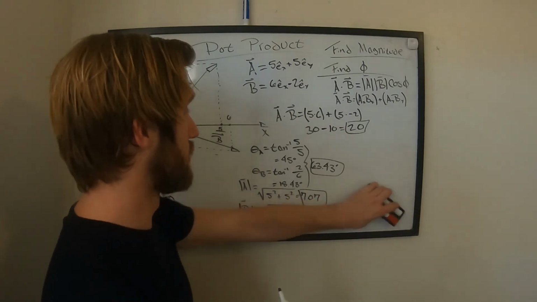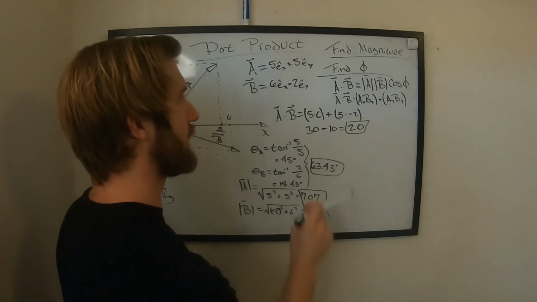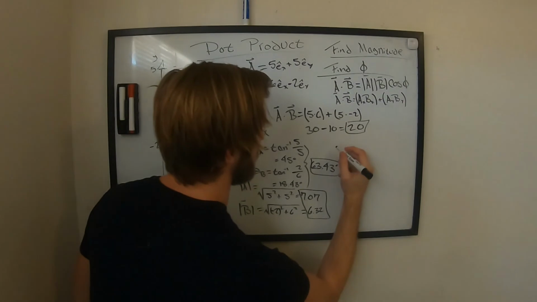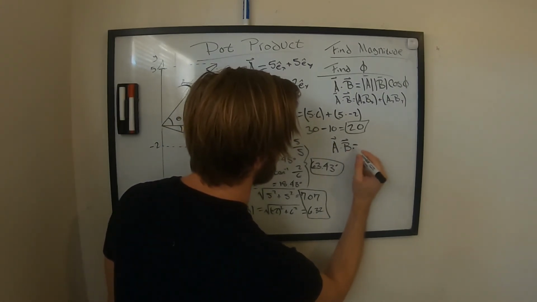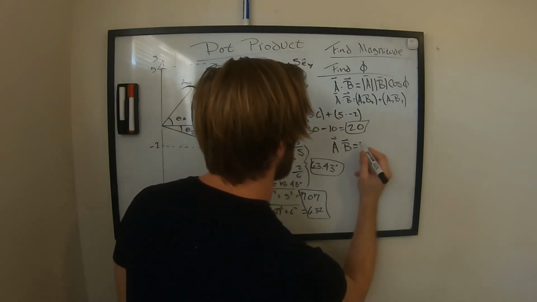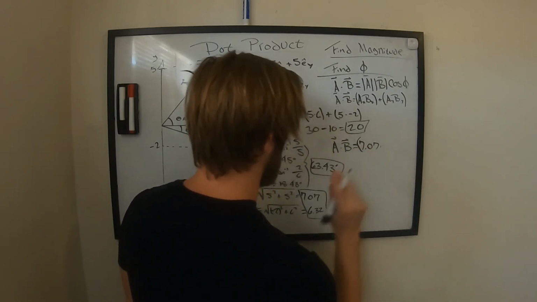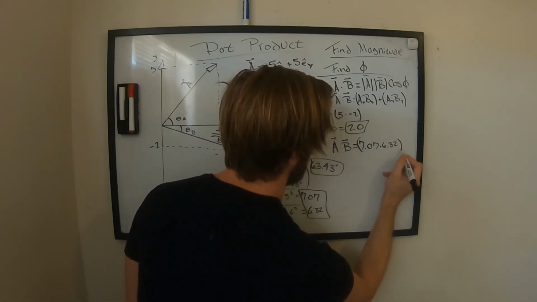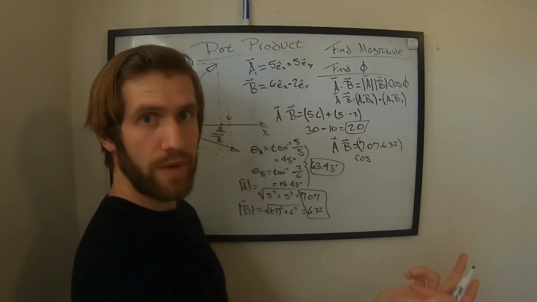Now, what we can do here is take these values, plug them into their respective places, and then multiply it by the cosine of our total angle. So A dot B is equal to the magnitude of, so 7.07 times 6.32 times the cosine of 63.43 degrees.